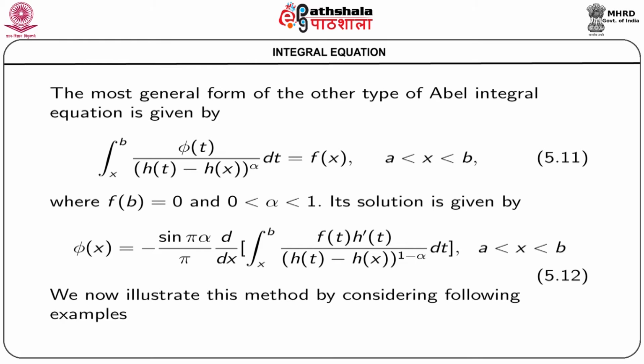Next, we consider another type of Abel integral equation where the lower limit of integration is variable and the kernel is the function 1 by (h(t) minus h(x)) whole to the power alpha.